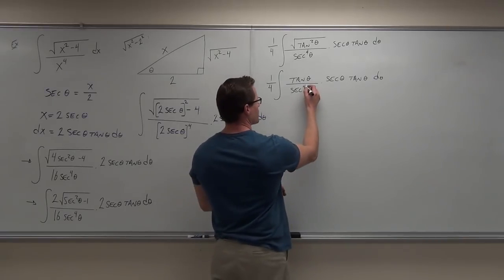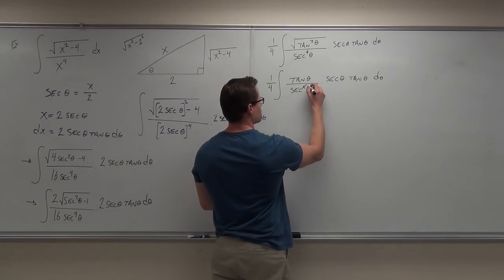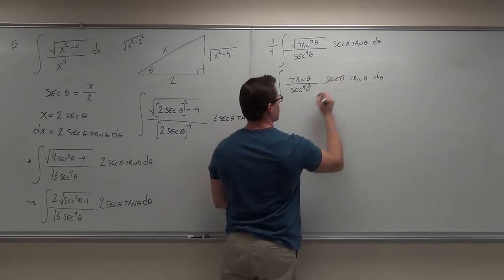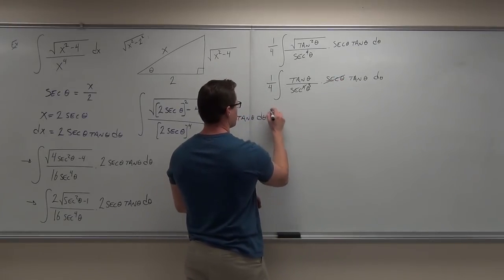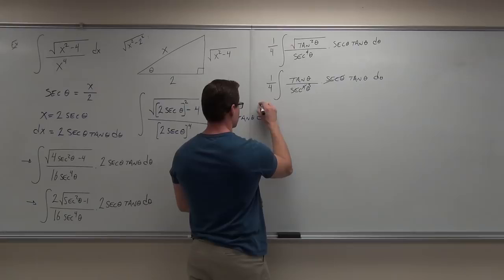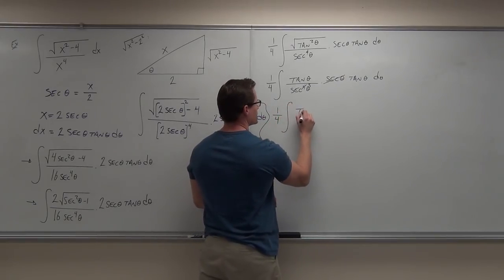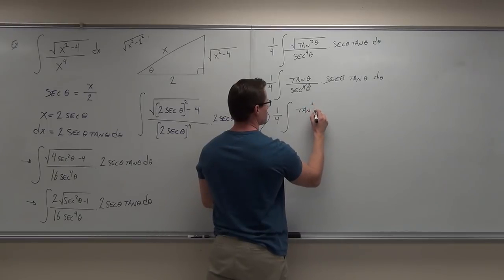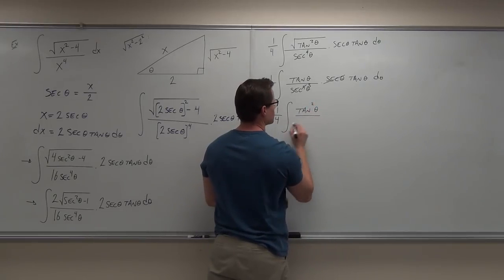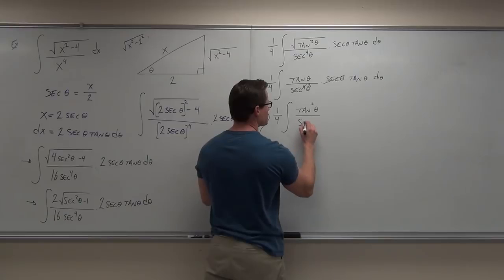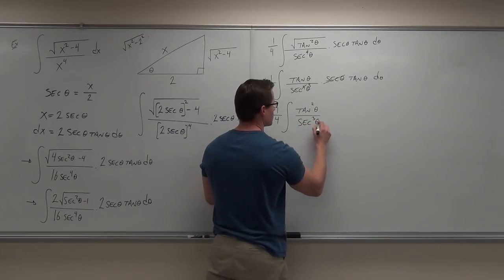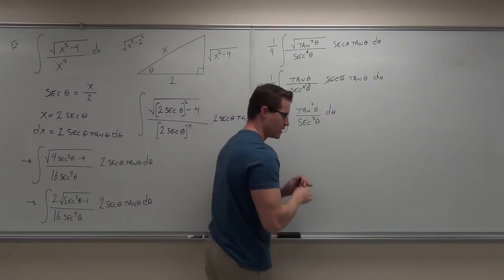Let's do that. So this becomes secant to the 3rd power. That's gone. So we'll have the 1/4 is still there. Yep, tan squared over secant to the 3rd theta, d theta.